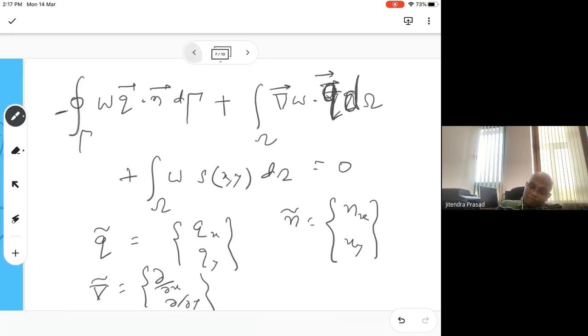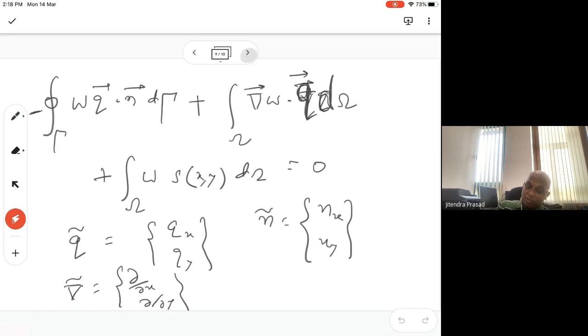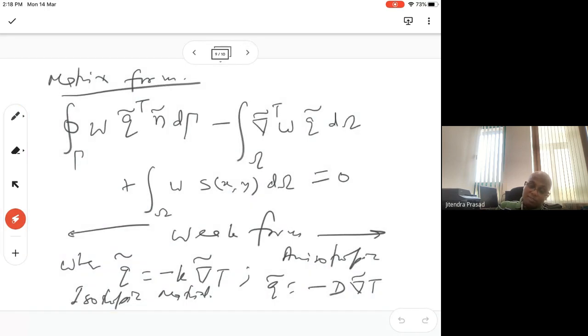Wherever we have K del T, we write minus Q here. So this becomes minus, here we get plus. The rest remains the same.